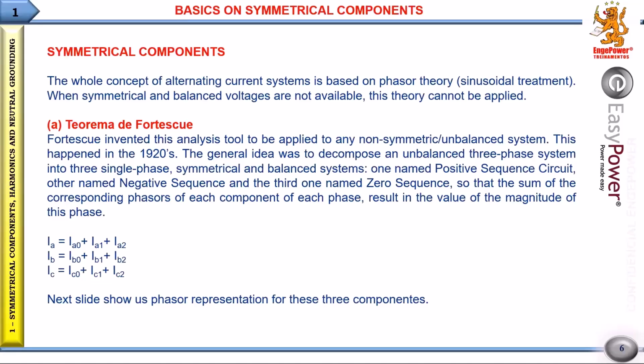The equations present on this slide means that the summation of the symmetrical components currents of each phase is obtained by adding the zero sequence current of phase A, the positive sequence of phase A, and the negative sequence of phase A. So for each phase, always will be the summation of the symmetrical components.